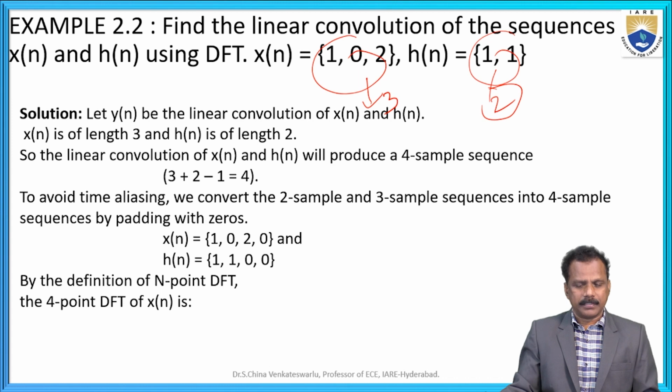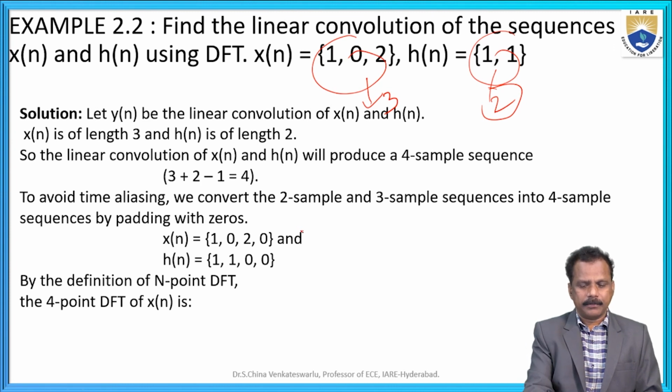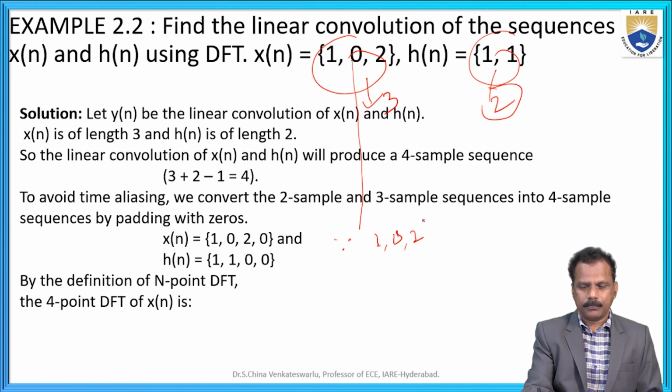To avoid time aliasing, we convert the 2 sample and 3 sample sequences into 4 sample sequences by padding with zeros. So x of n is equal to 1, 0, 2, and after padding with zeros, 1, 0, 2, 0.